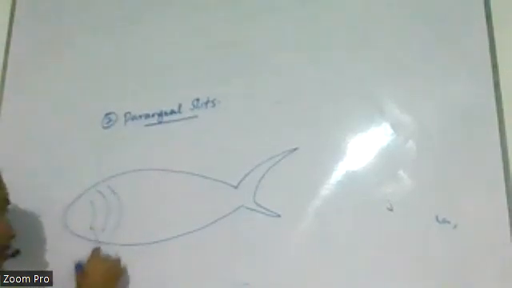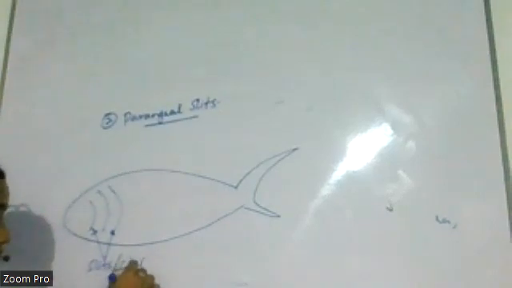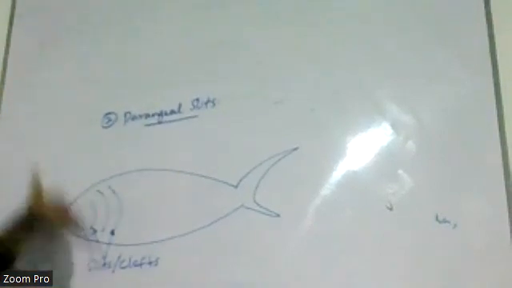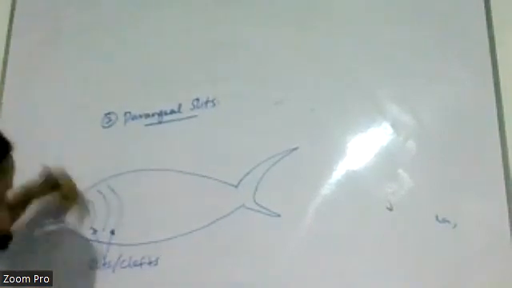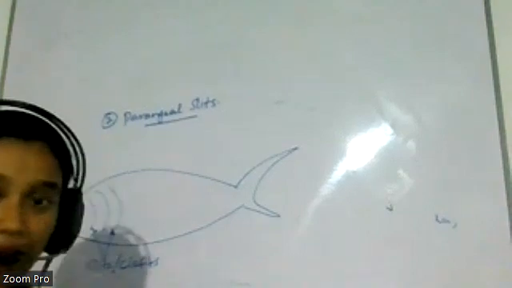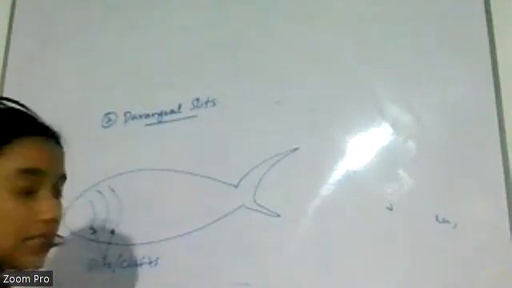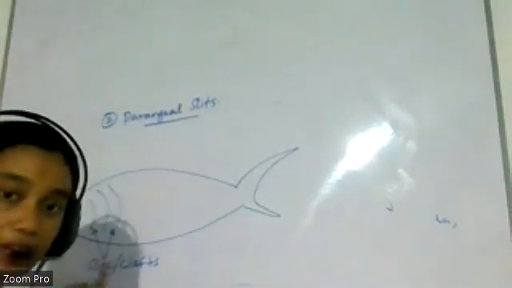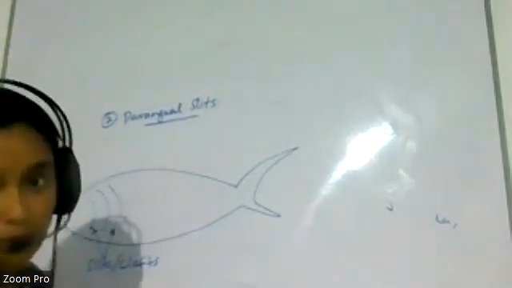They are actually slits or clefts, in pairs. On both sides we can see these slits or clefts. In pairs, on either side of the pharynx, they are known as pharyngeal slits that open to the outside of the body.